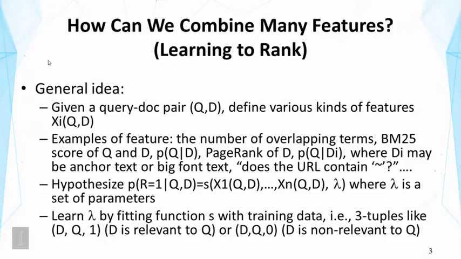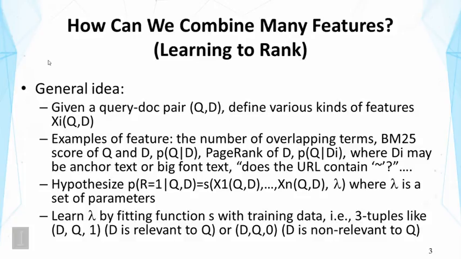So in general, we would fit such a hypothesized ranking function to the training data, meaning that we will try to optimize its retrieval accuracy on the training data. And we can adjust these parameters to see how we can optimize the performance of the function on the training data in terms of some measures such as MAP or NDCG.